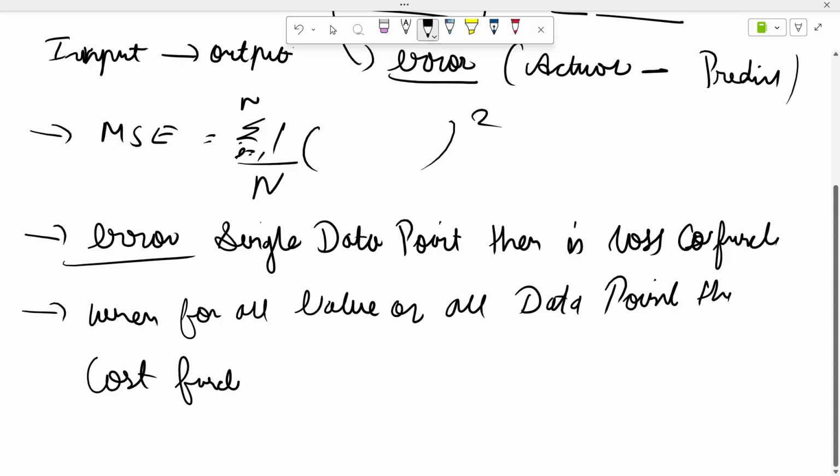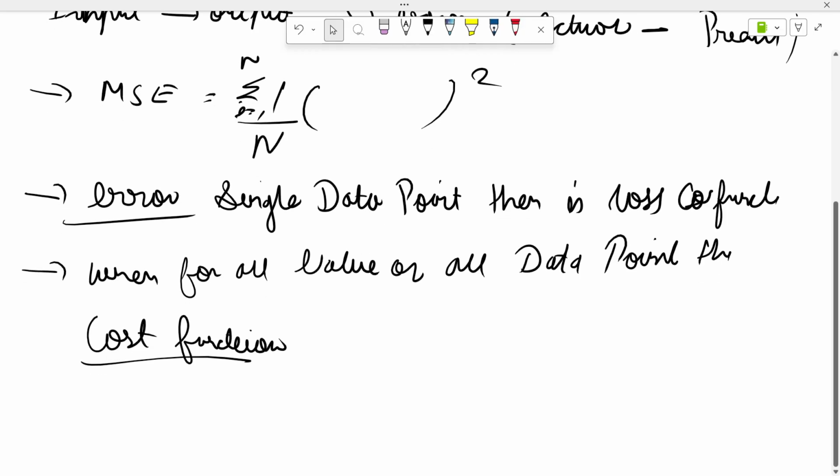This is the difference I should have told you before. In the loss function, it is a single data point error, the difference of actual minus prediction. It can be squared error also. And when you take the sum for all the data points and divide it by the total number of data points, that is called the cost function.